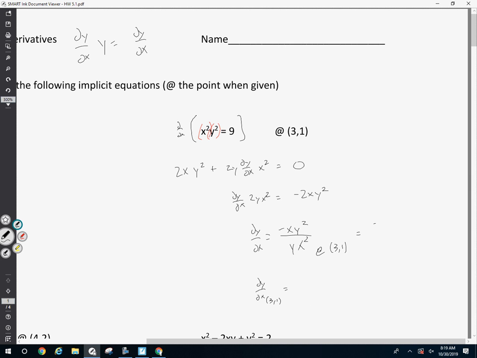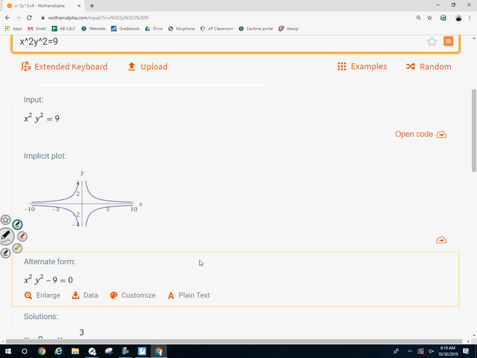We have negative 3 times 1 squared over 1 times 3 squared. So this is negative 3 over 9, which is negative 1/3. So this is negative 1/3. And just like I saw, 3, 1 looks like a negative slope.